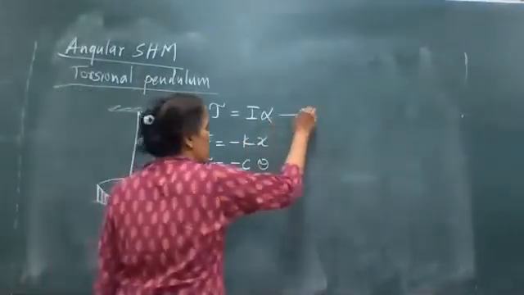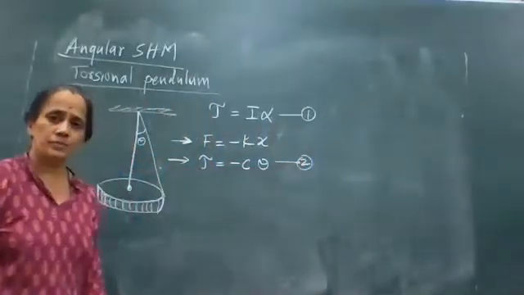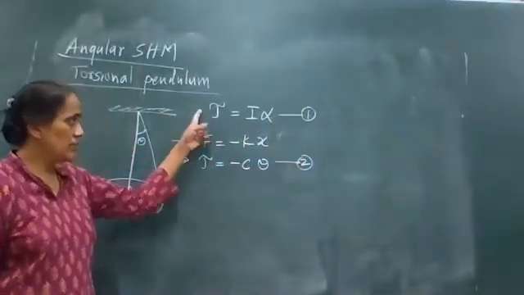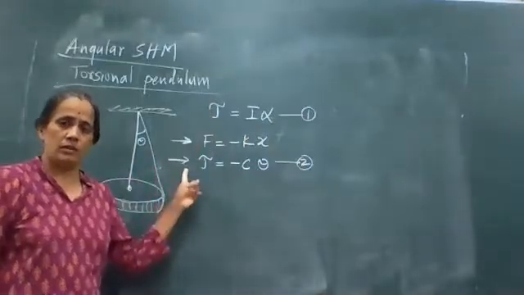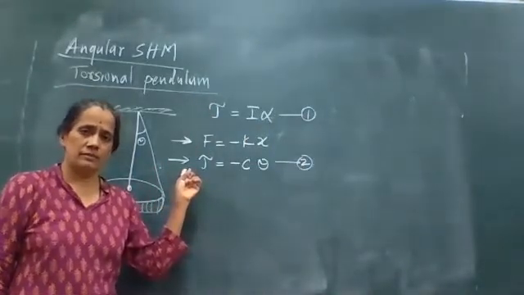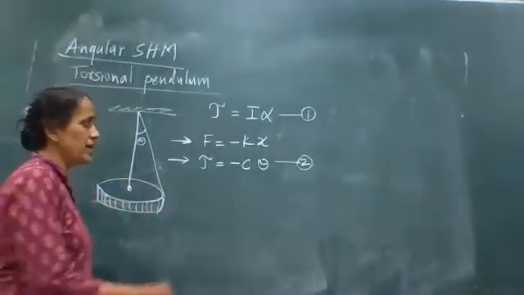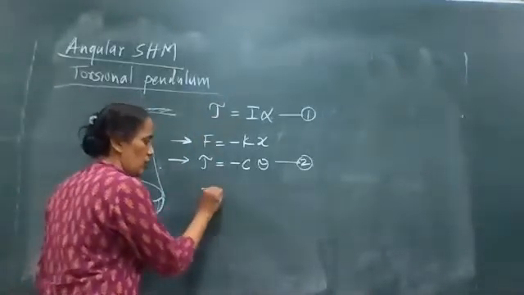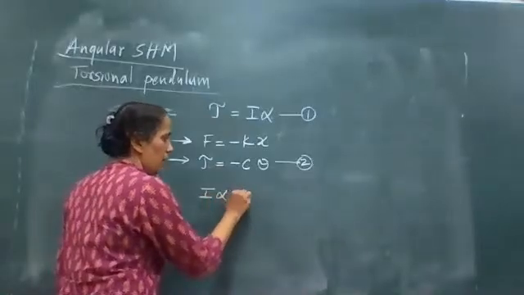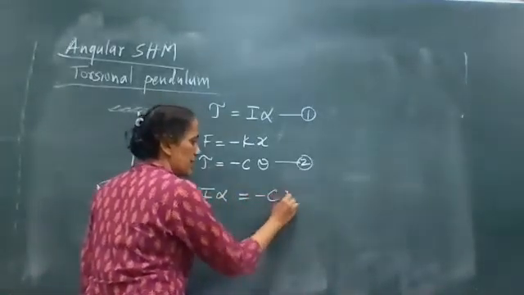Now you have these two equations. This is equation 1, here is your equation 2. Now from equations 1 and 2, the left hand side of both equations gives the torque. Therefore we can equate equations 1 and 2. And if I equate them, I can write I alpha is equal to minus C into theta.